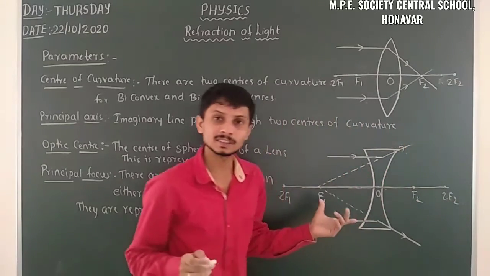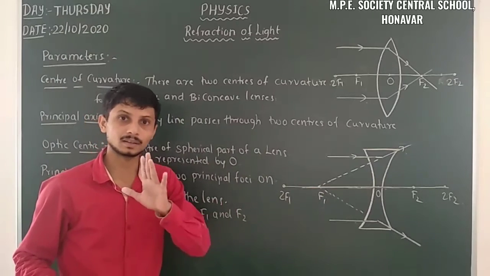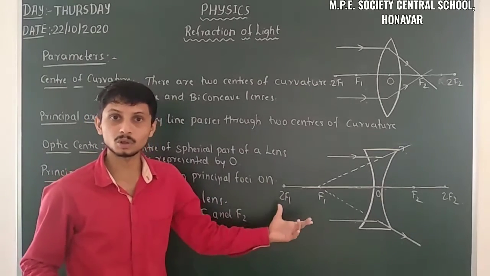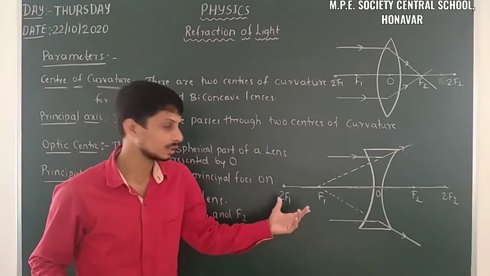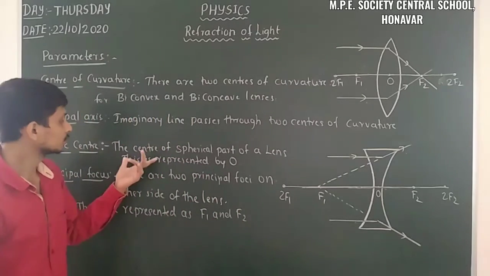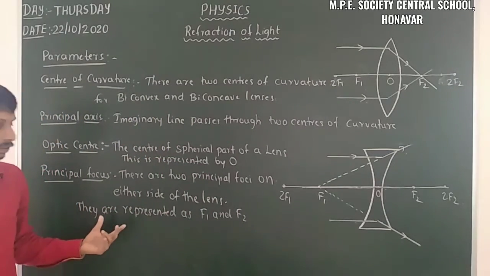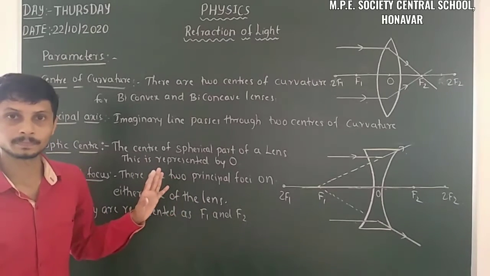Some measurement differences are there, so when you draw it in your notebook, you have to take the right measurements. So here we have the principal foci, represented as F1 and F2.